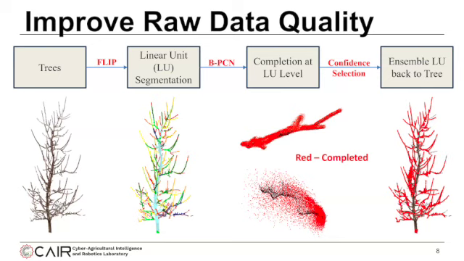We call them LU. With that, we can have a pretty good assumption, because the branches are generally cylinder shaped. If they are in a short segment, we could estimate them using cylinder fitting models. Then we could use some learning-based method to fill in the missing points, with the hope that by filling in those missing points, we can get better estimation of the branch diameter. And then we put all the branches back together and form the final tree.